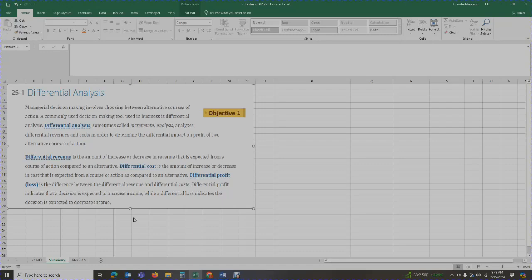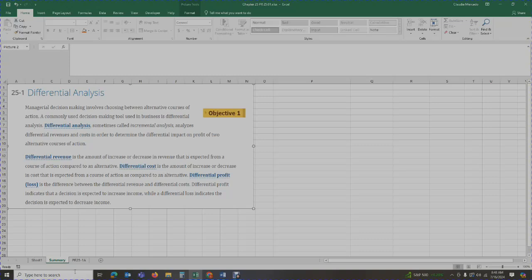Differential profit or loss is the difference between the differential revenue and the differential cost. Differential profit indicates that a decision is expected to increase income, while a differential loss indicates the decision is expected to decrease income. Okay, so this is a quick overview of what we are doing.